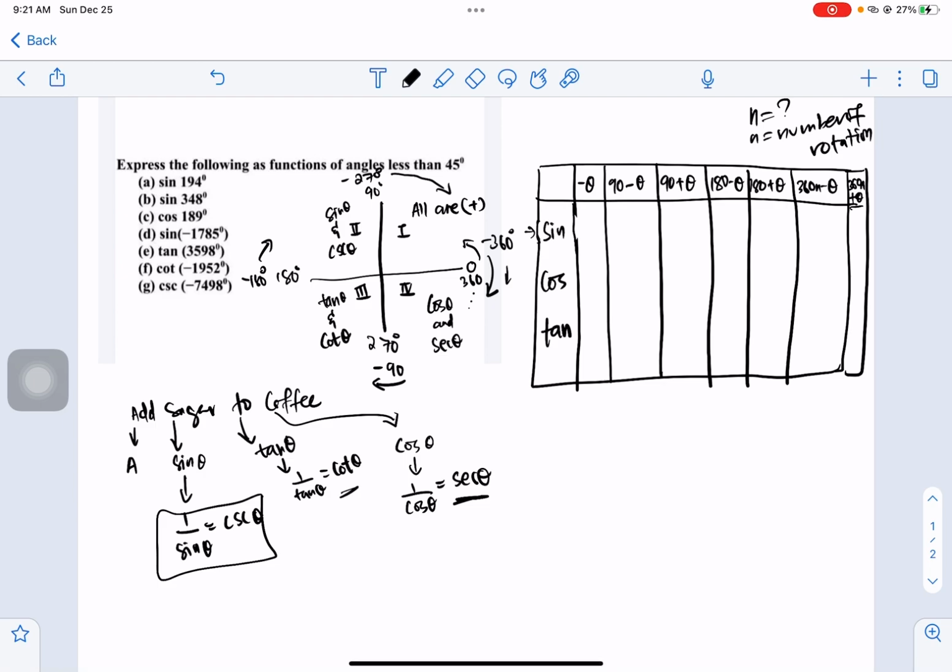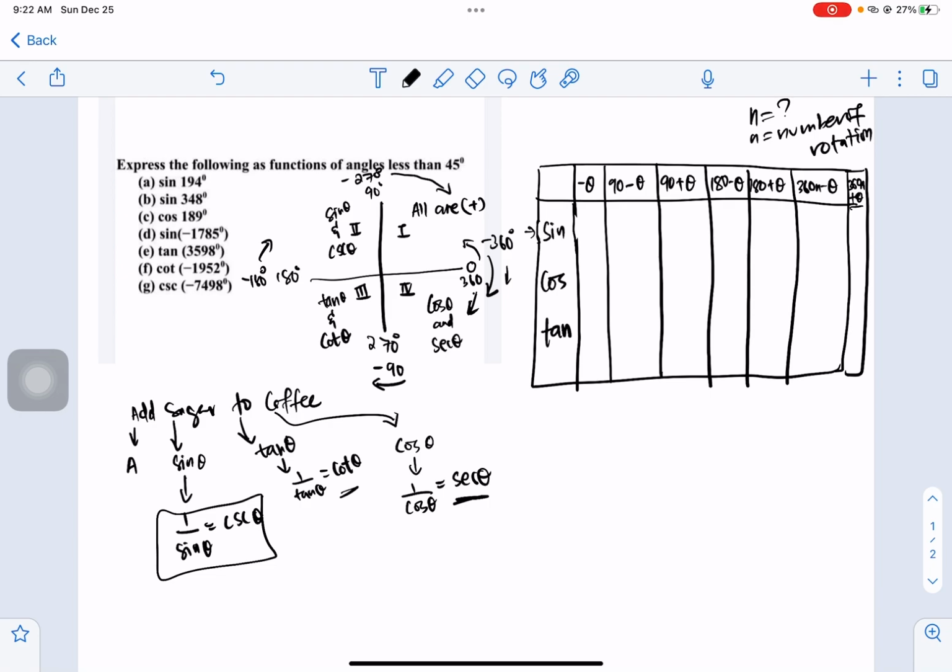Okay, so which quadrant will it fall in if it is negative theta? Like I said, negative starts when you start rotating in the clockwise direction. So from 0, your angle will be negative if you go downward, right? Clockwise direction. So it starts with cos, fourth quadrant.